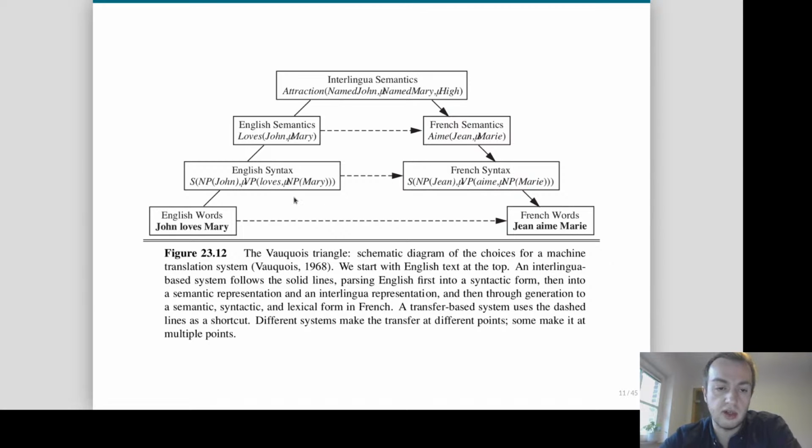So you could have a transfer model that would go directly from the lexical representation in English into the French lexical representation here. And this is what is represented by this dashed arrow, a transfer model operating at this level.